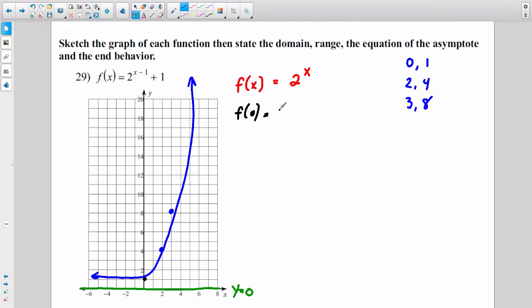And I would get 2 to the 0 minus 1 plus 1. And if I'm not mistaken, that's 1.5. Okay, so that looks pretty close. It's a little higher than 1. Okay, so now the asymptote is going to be y equals 1.